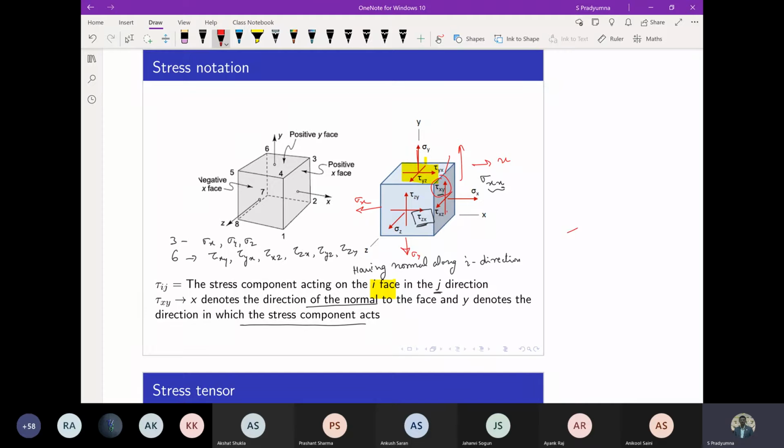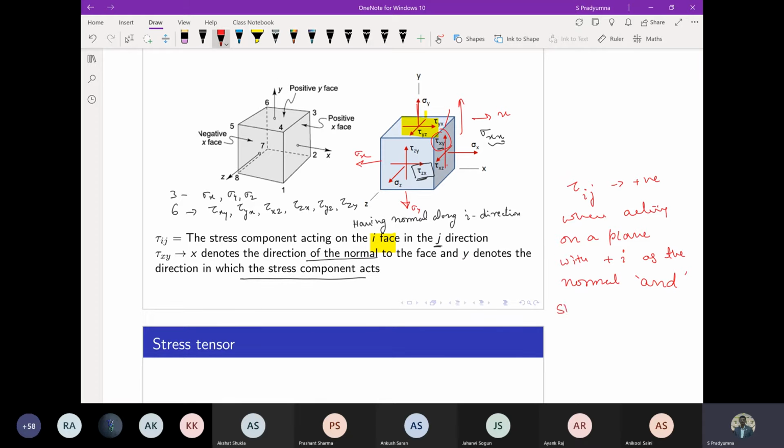For example, tau ij is positive when acting on a plane with positive i as the normal, direction of the normal is along the positive i direction, and the stress acting along positive j direction.